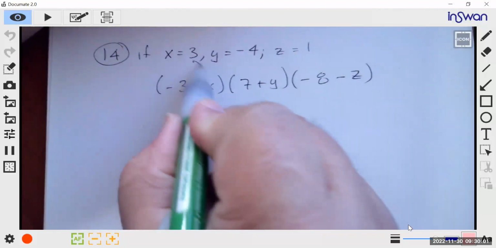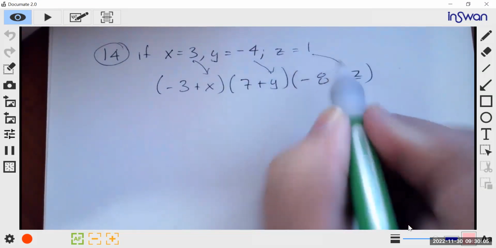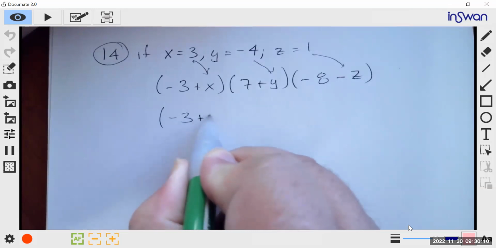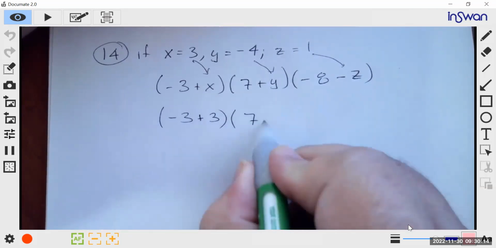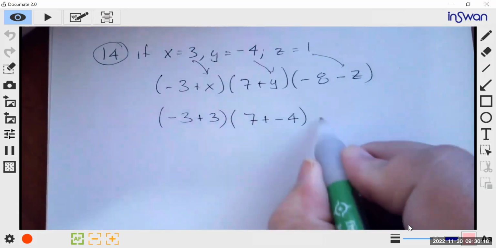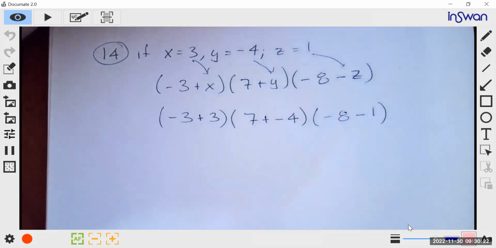So just substitute, plug them in there. Negative 3 plus 3. 7 plus negative 4. Negative 8 minus 1.